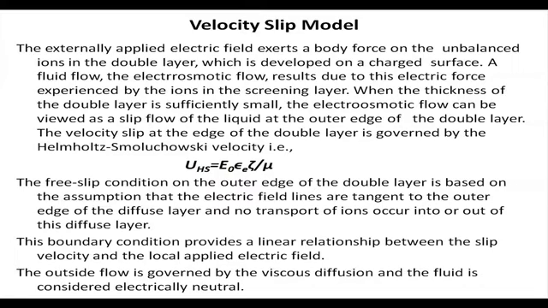So, if we consider this interface as very flat, then we can impose this condition, and also if the external mechanism, that is the electric field, is weak, then only these conditions are valid. Another thing is that this boundary condition provides a linear relationship between the slip velocity and the local applied electric field.